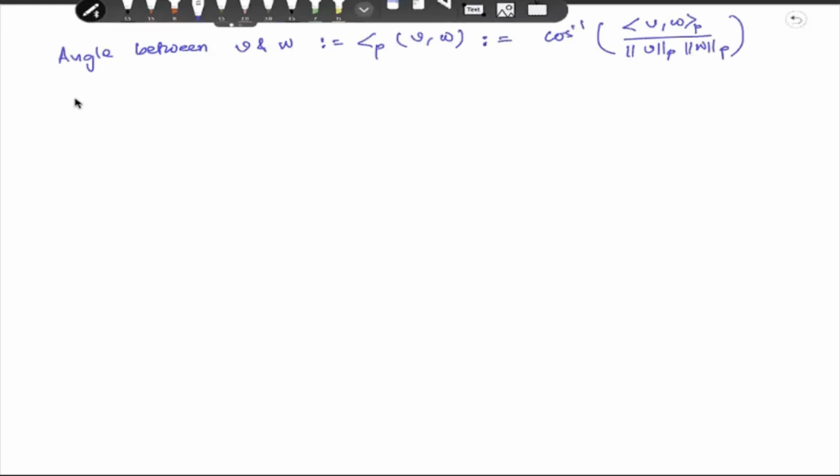So you can check by the Cauchy-Schwarz inequality.